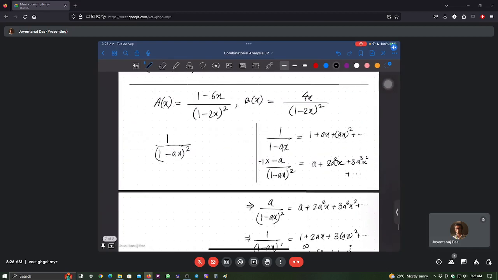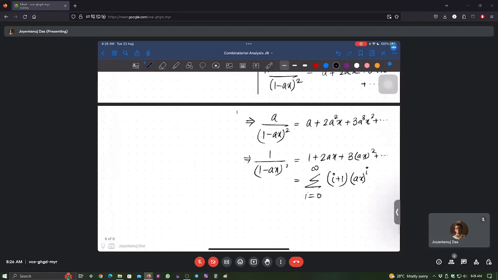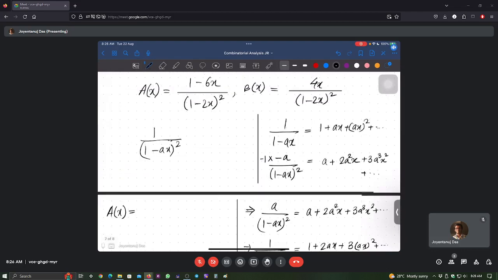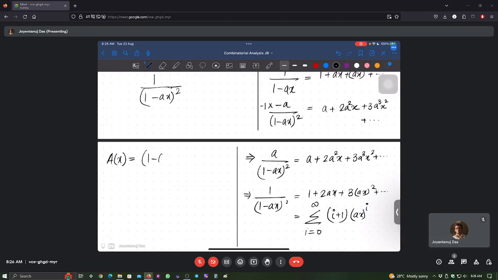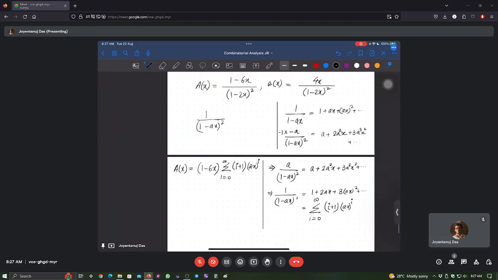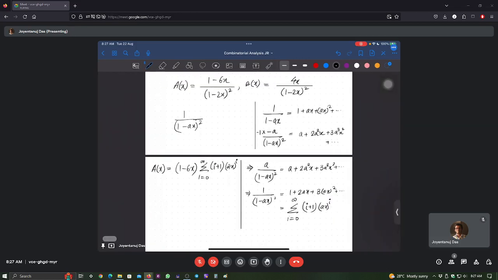So now we can just substitute back here. We have a equals 2. So what I have is, 1 minus 6x will be there as usual, and the sum for i equals 0 to infinity of (i plus 1) 2 power i x power i, right? Up to this is fine, right?